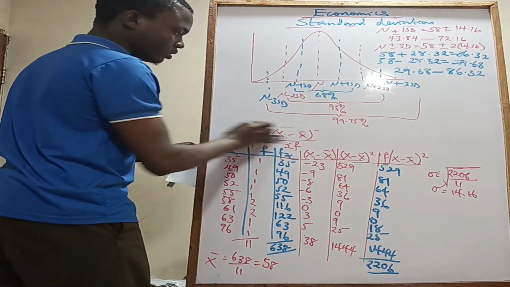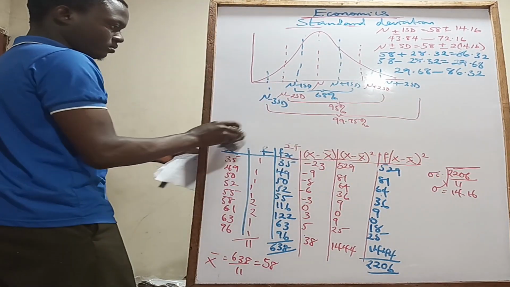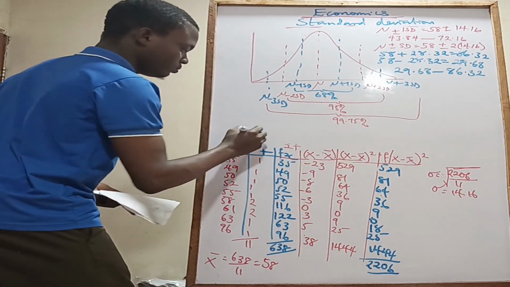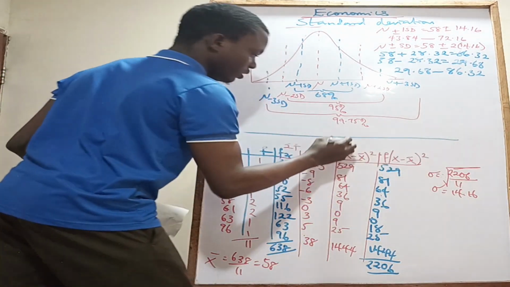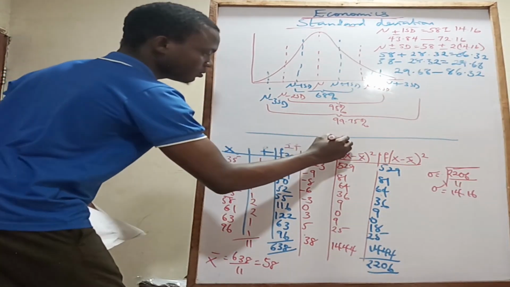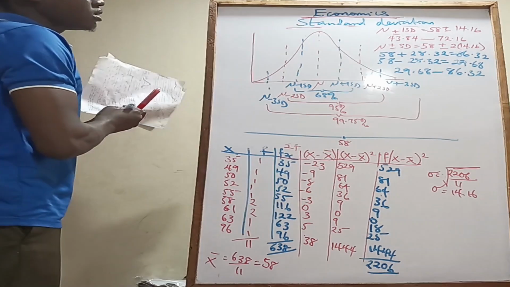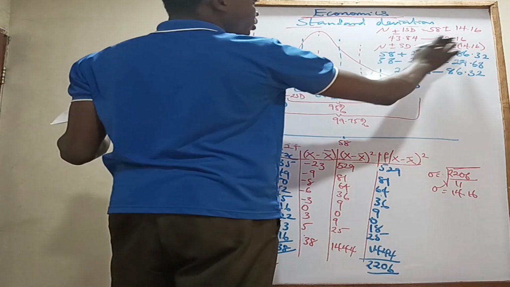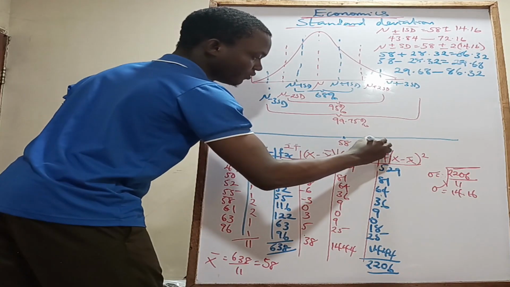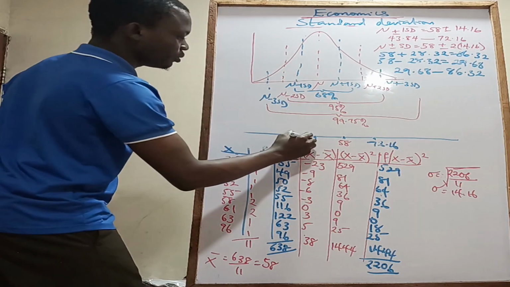So where the mean is 58, plus one standard deviation away from the mean we got 72.16, and on this side 43.84.